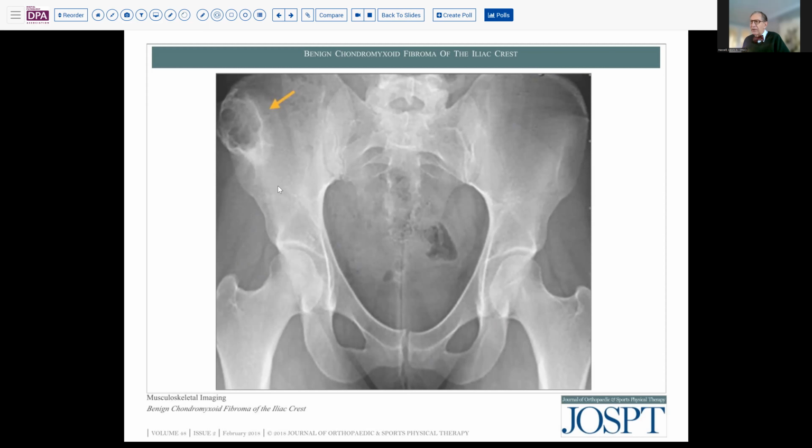And in terms of molecular genetics and so forth, it's been found that the GRM1 gene tends to be upregulated in these lesions. Now, interestingly, this is also a lesion that tends to occur in the metaphysis, and this may develop sort of aneurysmal bone cyst-like areas. So this is one of those lesions where you get a secondary aneurysmal bone cyst.